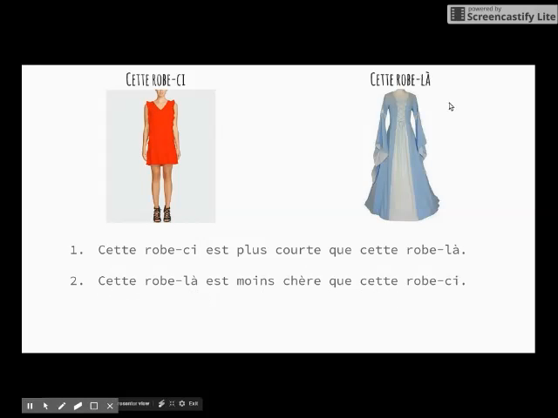Yeah? So this robe here, cette robe-là est moins chère. It's less expensive. Et cette robe-ci est aussi belle que cette robe-là. Right? So cette robe-ci, this dress here is as beautiful as cette robe-là, this dress here.